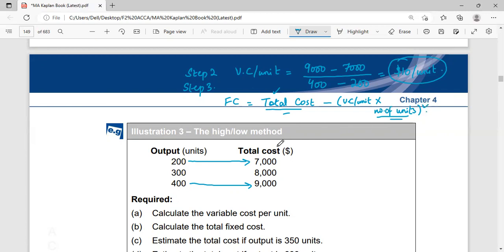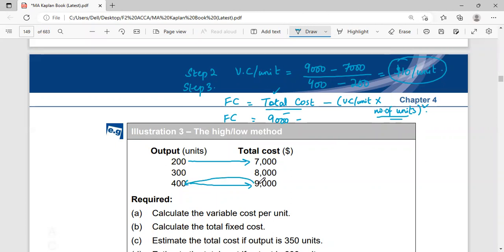So for this, you need to understand this point: if you are taking highest cost in the place of total cost, for example, I am taking 9,000 in the place of total cost, then the number of units inside the bracket, you have to take those relevant units at that cost.